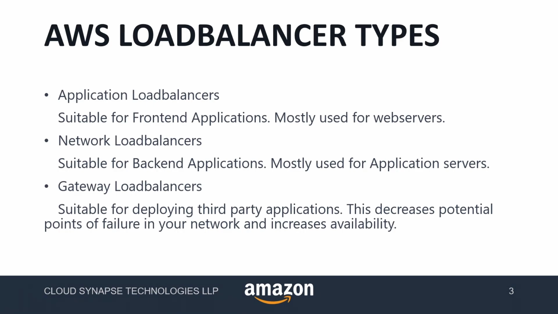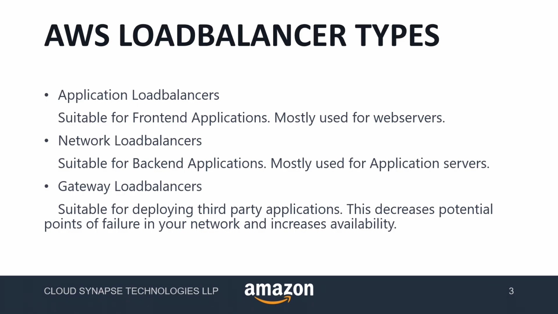Application load balancer is suitable for front-end applications, mostly used for web servers. Network load balancer is suitable for back-end applications, for application servers. And gateway load balancer is for deploying third-party applications. This decreases potential points of failure in your network and increases availability.